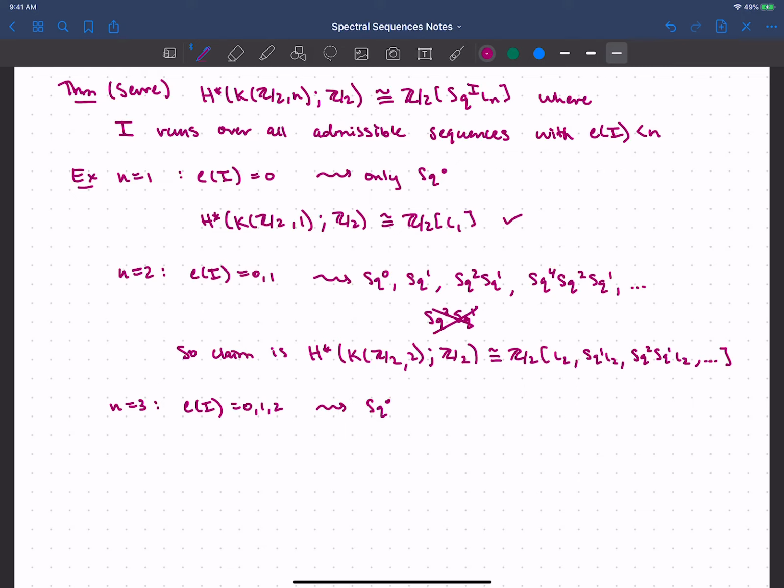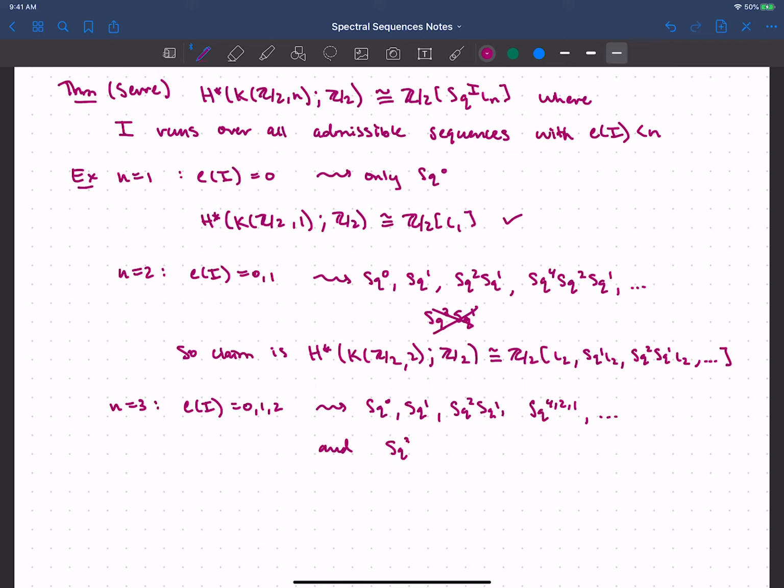So of course, we still got Sq 0. We've still got all the stuff from excess 1, so Sq 1, Sq 2 Sq 1, Sq 4 Sq 2 Sq 1, and so on. But we've also got things with excess 2. So for example, Sq 3 Sq 1.